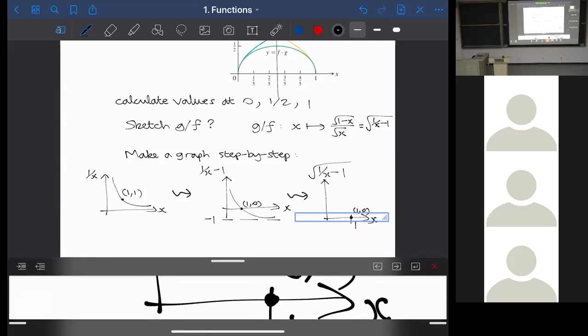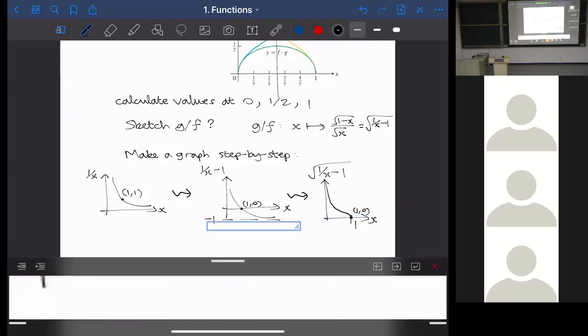And as x becomes less, the square root increases from 0. And we can see from the second graph that it keeps on increasing up to infinity.